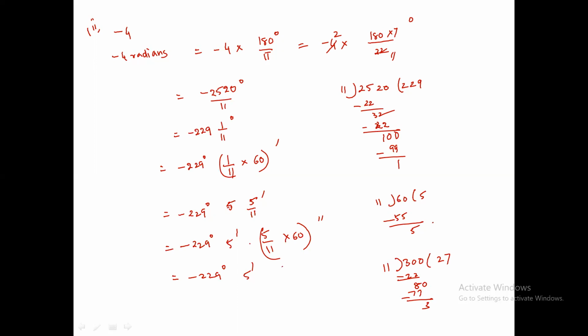So I can change it as 27 3 by 11 seconds. And I can round it up. Minus 229 degrees, 5 minutes and 27 seconds. Okay.